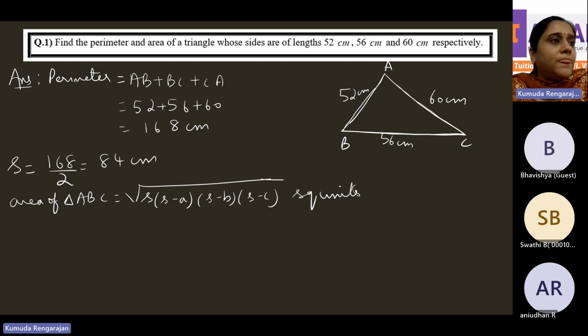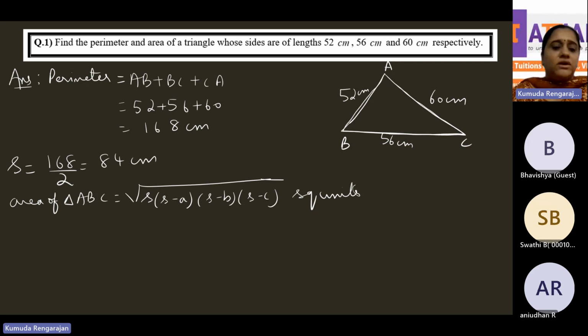This is the formula, where S is 84, and A, B, C are the sides of the triangle. A can be 52, 56, 60, any order you can take. If you take A as 52, B is 56, and C is 60. Or you can take A as 60, B as 52, C as 56, any order.